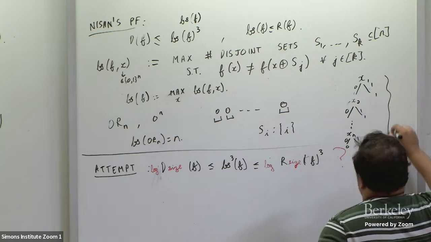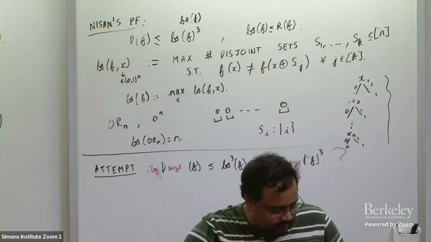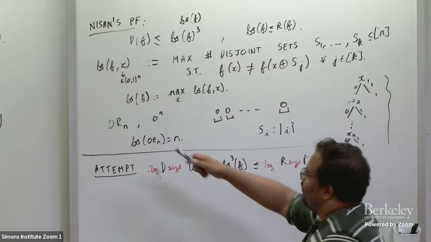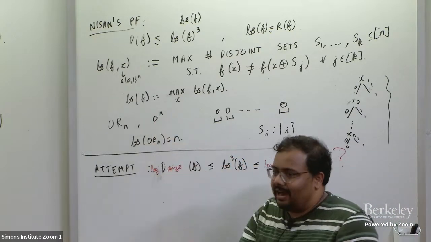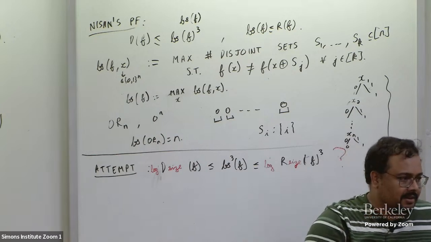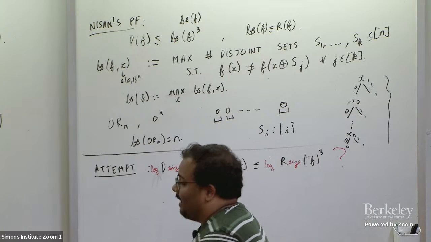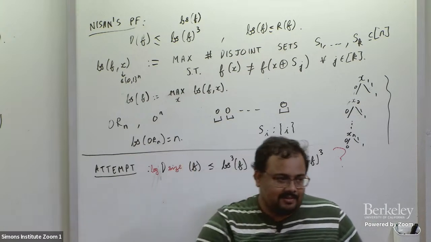So this is size n or n plus 1 or something. So in some sense, the fact that block sensitivity captures the hardness of OR sitting inside it is a weakness for us, because we really need a function that has large size sitting inside it.